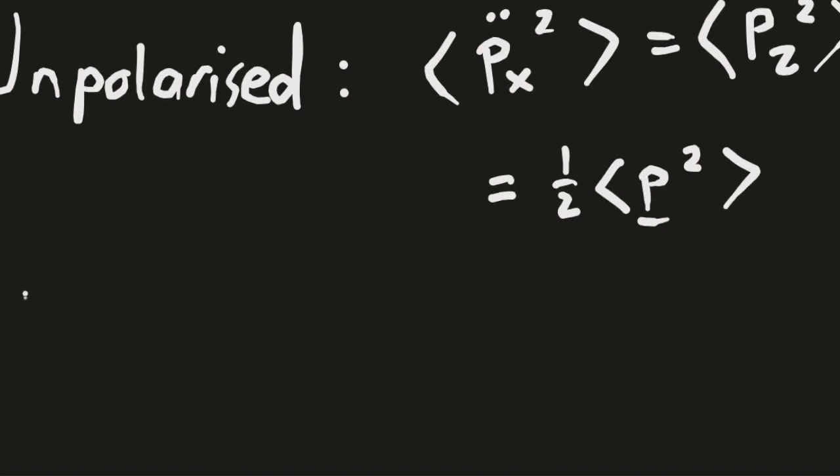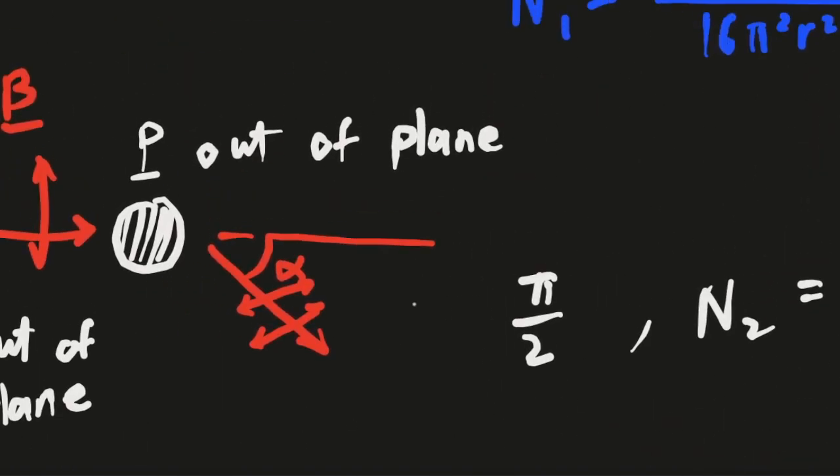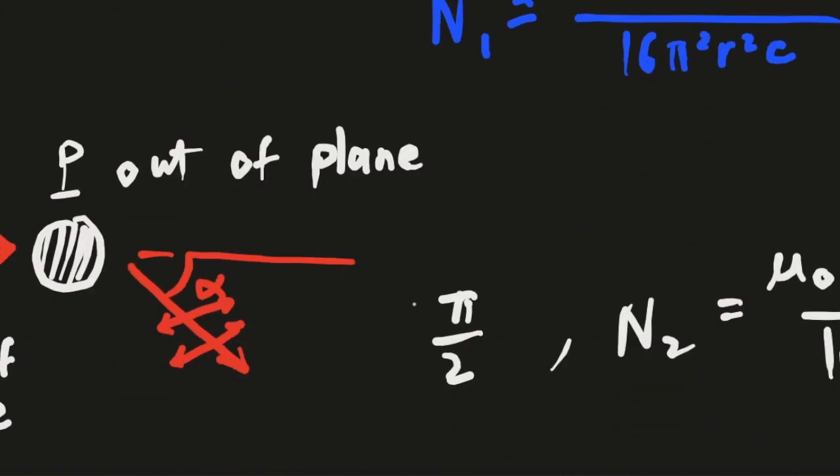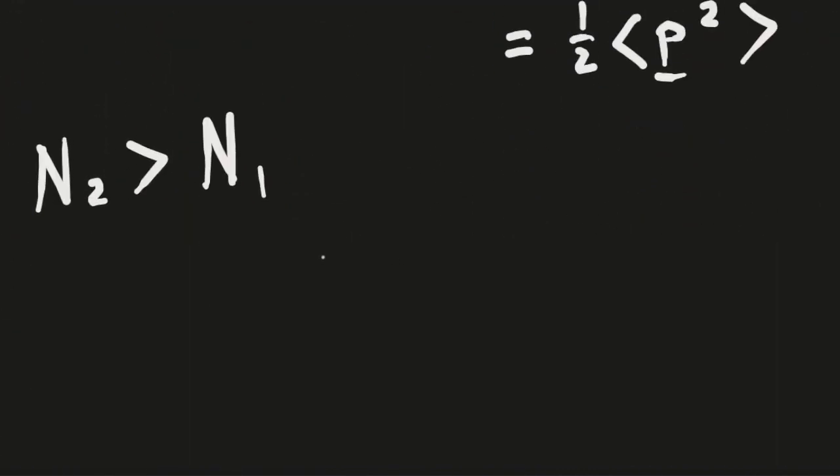Now, we know that for out of plane it's going to be greater than n1. So we take n2 as n1 plus n2 minus n1.